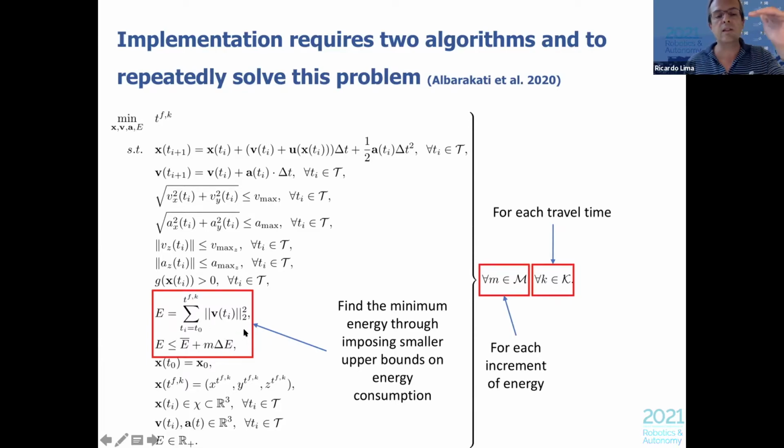So we are decreasing the energy consumption upper bound, or the maximum energy consumption, for a fixed travel time until we cannot get a solution, or we are increasing the energy. And that's why this M here has a plus sign, because it can be either negative or positive. And so we have an algorithm to detect if we should move up or down, if the energy consumption is increasing or decreasing.